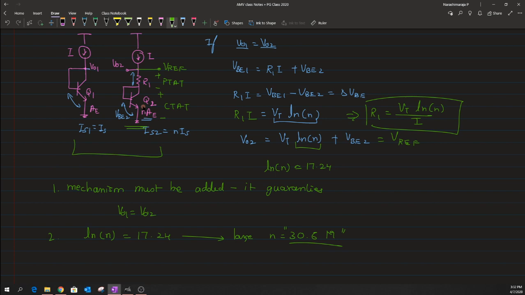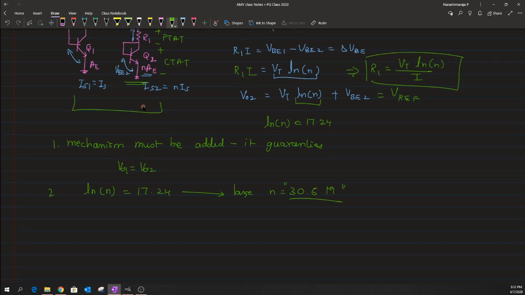Okay. Yeah. So now there are two ways by which one could establish the first mechanism, and in turn one can also address the second requirement of translating this ln of n into 17.24. Okay. So let me try to list out the two circuits that one could use in order to implement these two requirements.